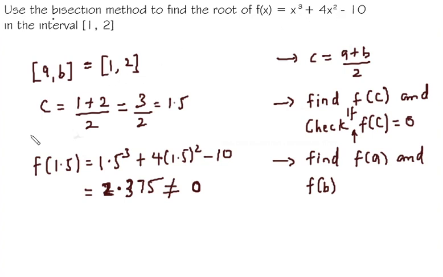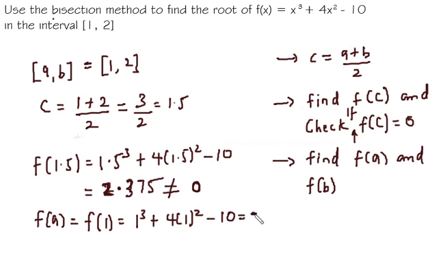So for f of a, we have f of 1. Plugging it gives us minus 5. For our f of b, we have f of 2.